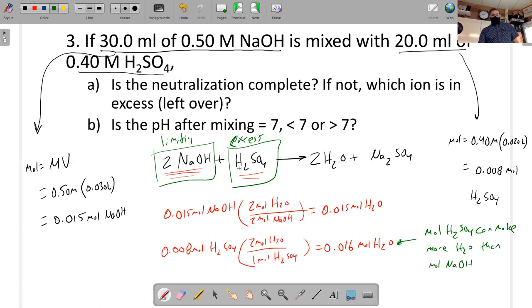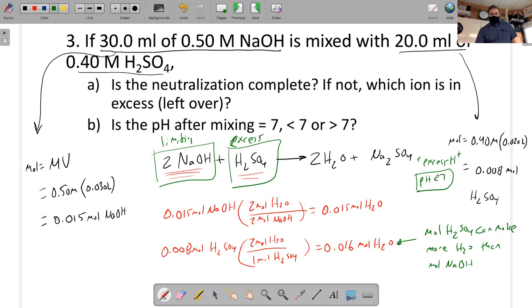But because the sulfuric acid is in excess, there's going to be some more hydrogens in that solution than the number of hydroxides. You don't really write it in the equation, but we have some excess hydrogens, and that makes the pH less than 7.